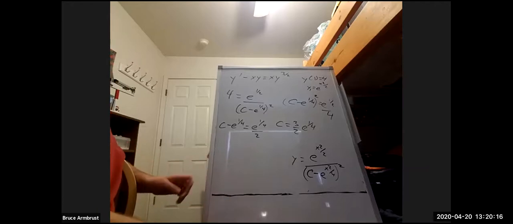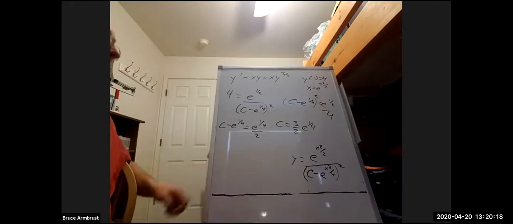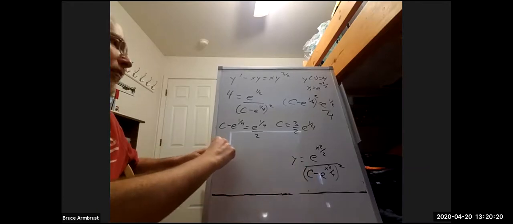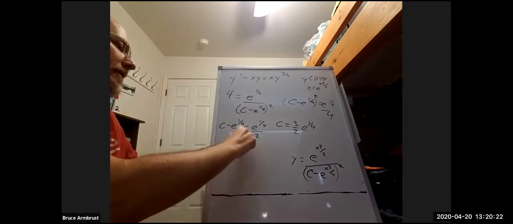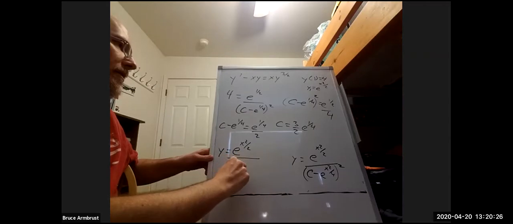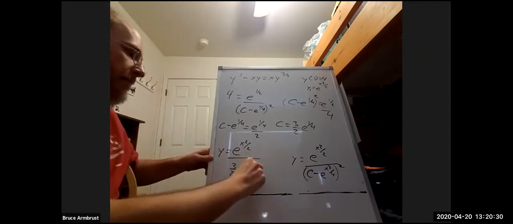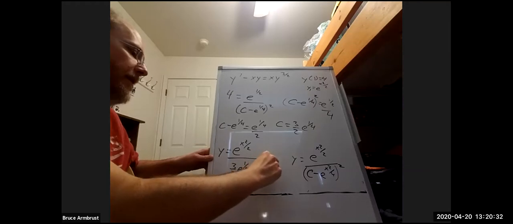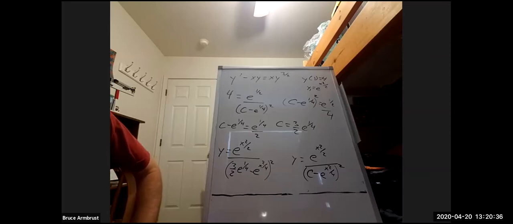So we'll go ahead and put that into here. So we get y equals e to the x squared over 2 over 3/2 e to the 1/4 minus e to the x squared over 4, squared.